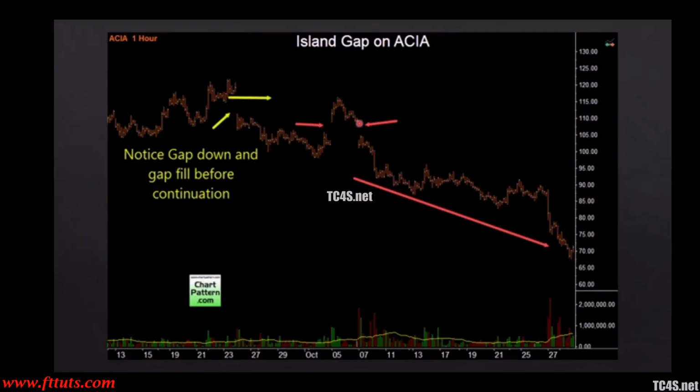The people in this area of the chart that bought it are completely trapped. And thereby you see them exiting and trying to get out of this thing right here. And that has led to the downfall partially for this ACIA. It was not good behavior.